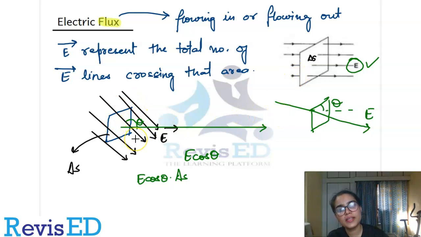But if you place the area element at some angle theta from the electric lines of force, you will have just one component of E acting on your delta S surface. The entire surface is not going to have the entire electric field on it.